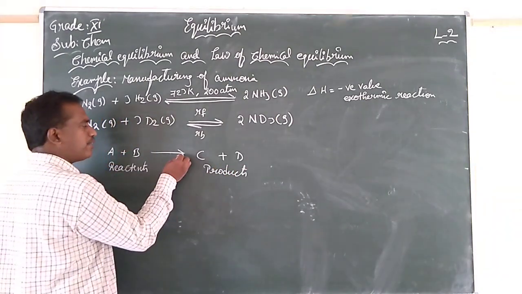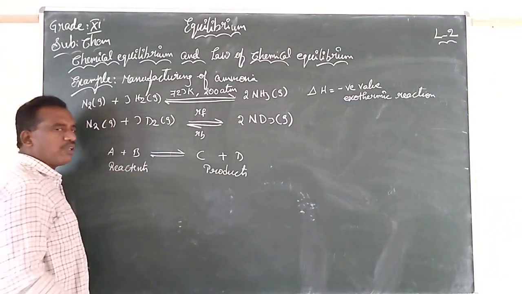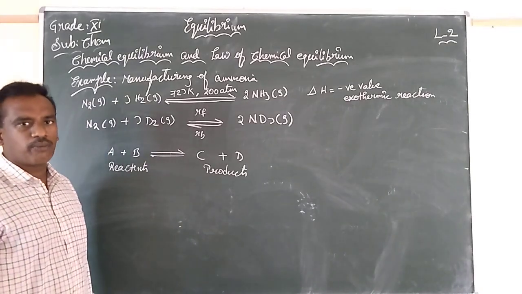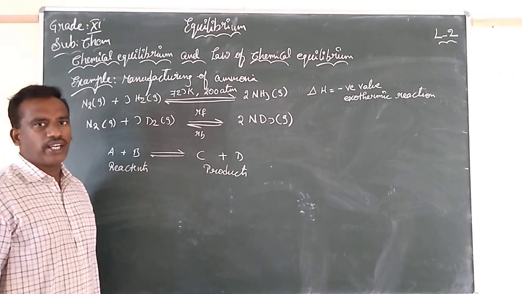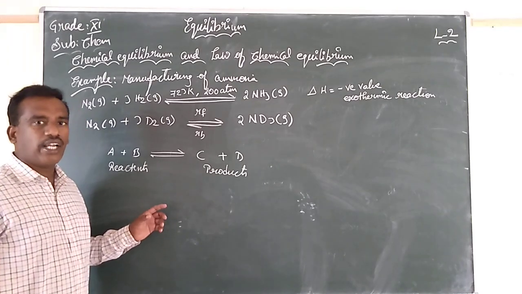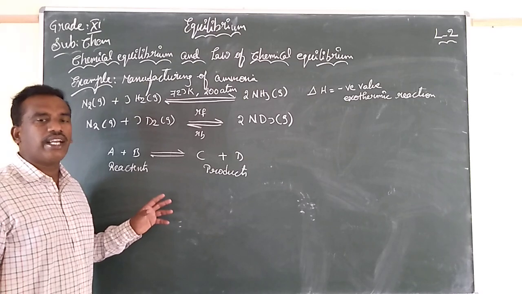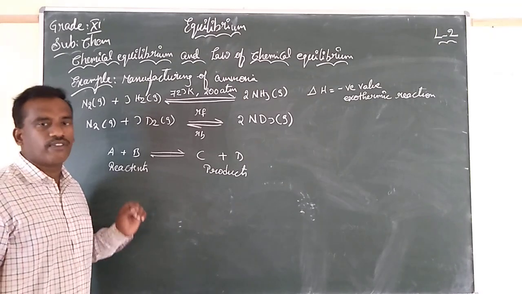But after some time, the C and D are returning back to give A and B. At this point, at the equilibrium, the rate of forward reaction is equal to the rate of backward reaction.